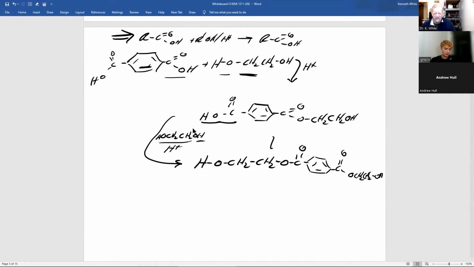Now, if we look at this molecule, at this end, we have an alcohol. And I can react that with more terephthalic acid in the presence of acid catalyst.